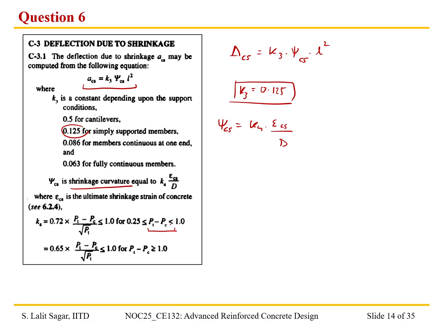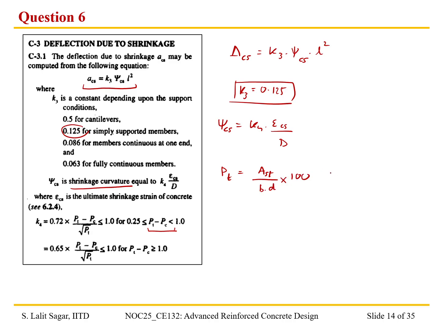For the moment, let us ignore the value of PC and find out the value of PT, the percentage of steel in the tension zone. That is given by AST divided by B into d into 100, where d is the effective depth.